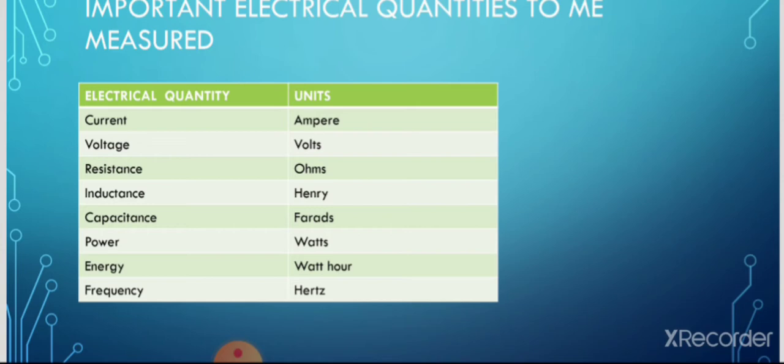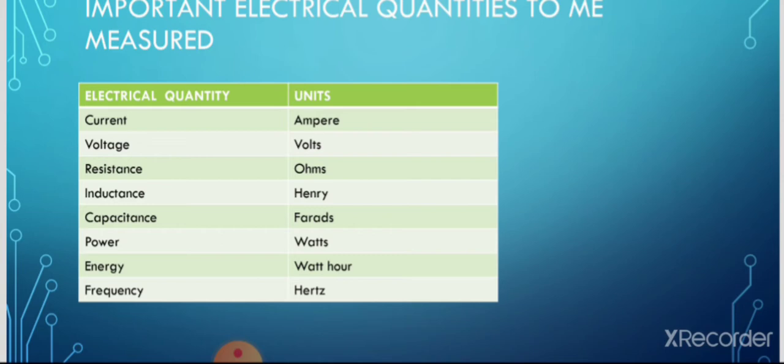Next one is voltage. The potential difference between 2 points is known as voltage. It is denoted with V and its units are volts. And the instrument used for measuring voltage is the voltmeter.